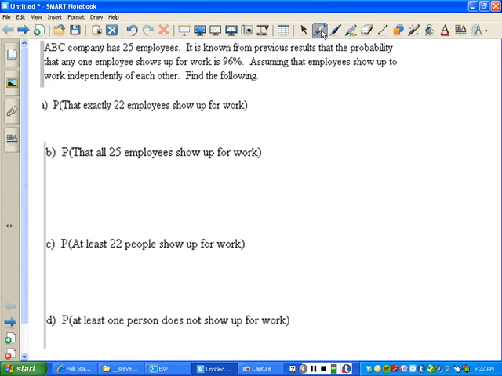Find the probability that exactly 22 people show up for work. Well, there's 25 people altogether. So if 22 show up for work, how many are not showing up for work? 3. Right? So the probability that any one person shows up is what? 96%. So that's 0.96.